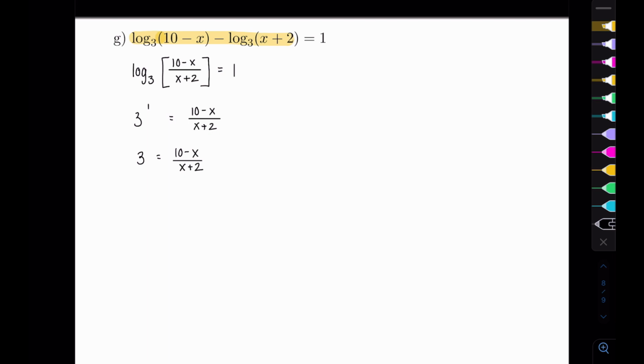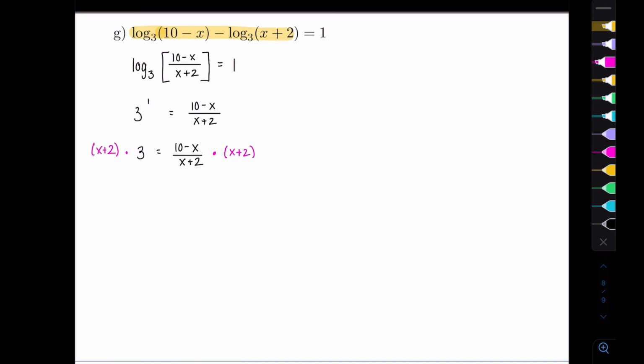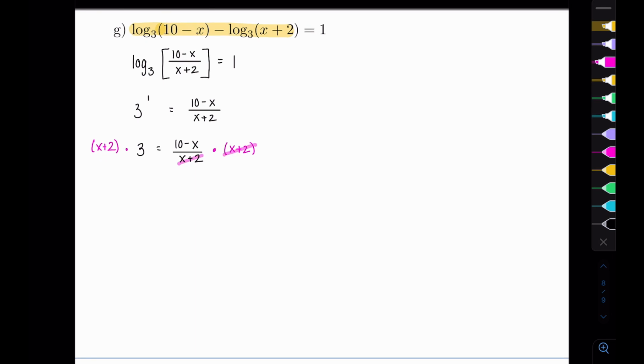Right? Now to actually solve this equation, I got to get rid of these fractions. It's a rational equation. So I've got to go ahead and I've got to multiply by this denominator to make these two cancel. And so this leaves us with 3 times x plus 2 is equal to 10 minus x.